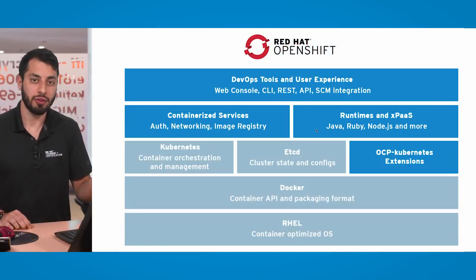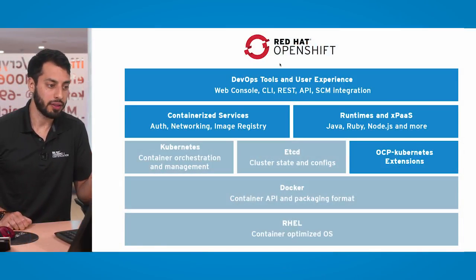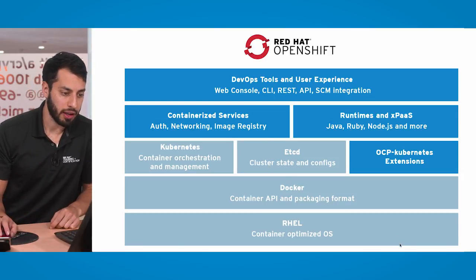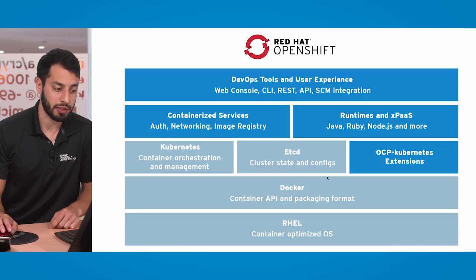So I'd like to take a second to look at the technology stack that's used by OpenShift. In this diagram, the items that are highlighted are the parts of OpenShift, and the parts in gray are not part of OpenShift, but they're what OpenShift is built on top of.